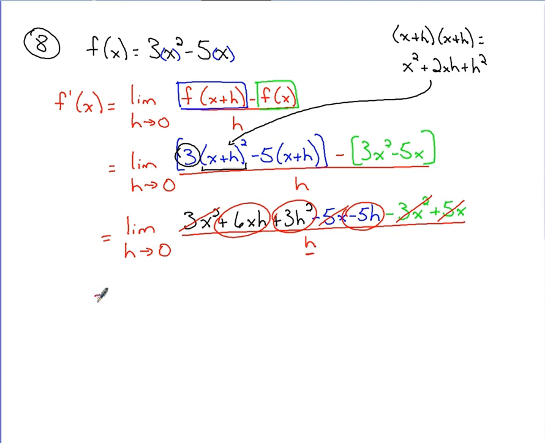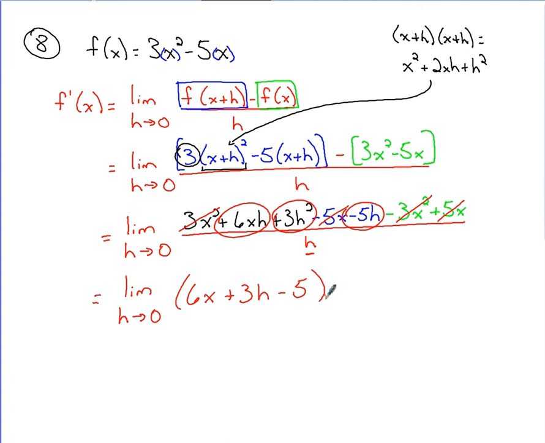So one more step here is simplifying. Still applying my limit because I haven't actually done the calculus part yet. So as we simplify, dividing this h through, 6xh divided by h, 6x. 3h squared divided by h, got plus 3h. And you got a minus 5 left for that minus 5h divided by h.